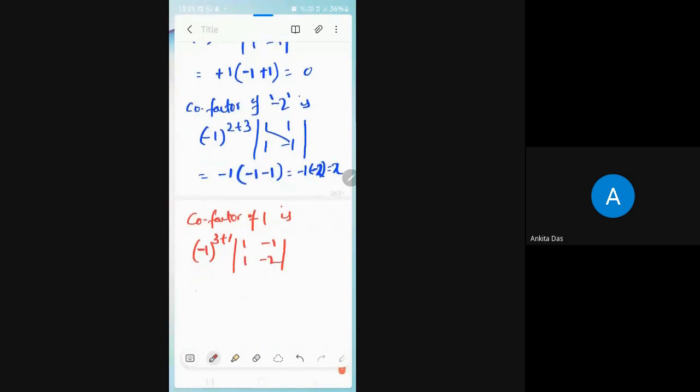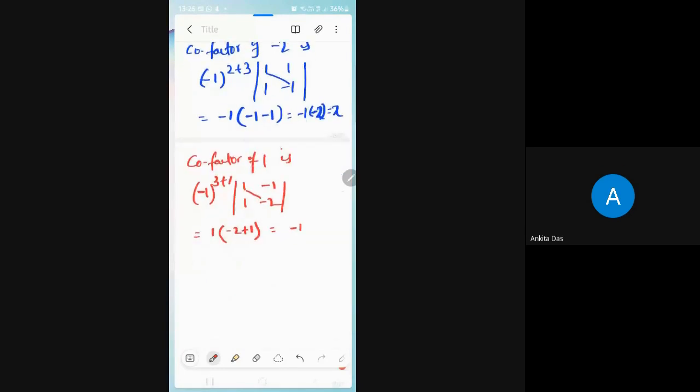This implies minus 1 to the power of 4 means plus 1, into minus 2 plus 1, which is minus 1. So minus 1 is the cofactor of the seventh element.